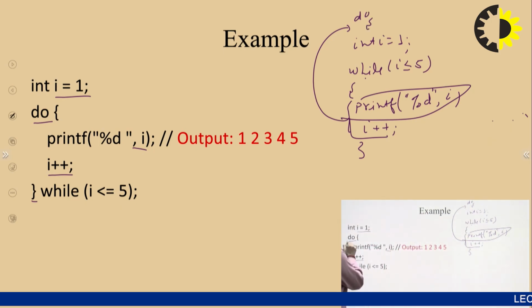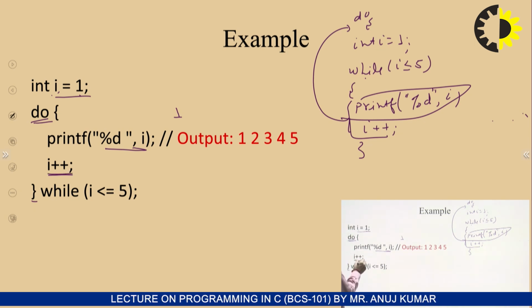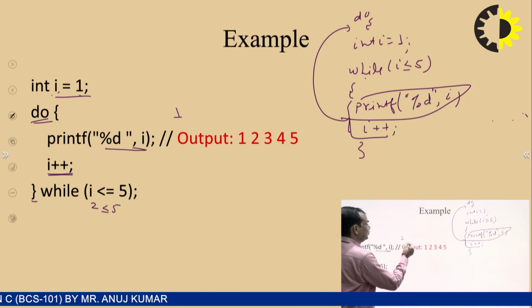So here we use the do, after initializing I equal to 1, print the value of I, I plus plus. Now here the I value is 1, now I plus plus makes 2, now it checks the condition, 2 is less than or equal to 5, condition is true, then it prints the value and increases next.